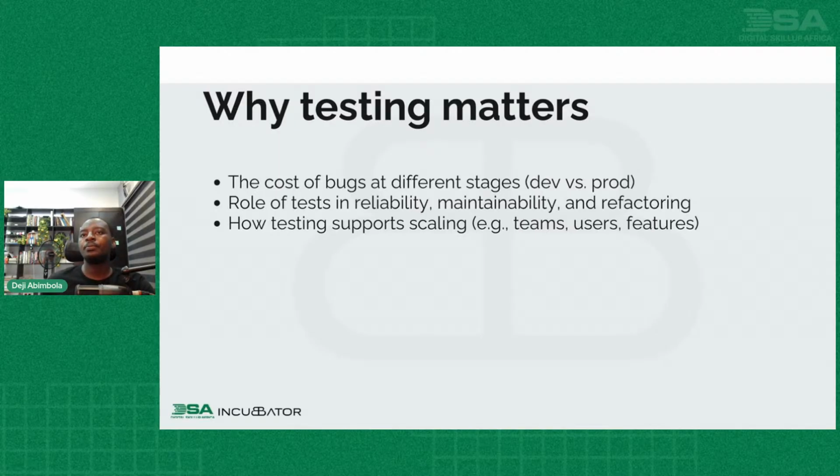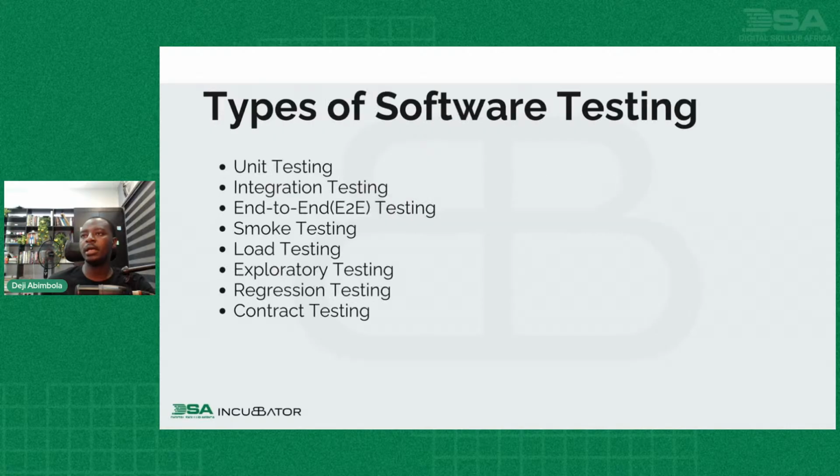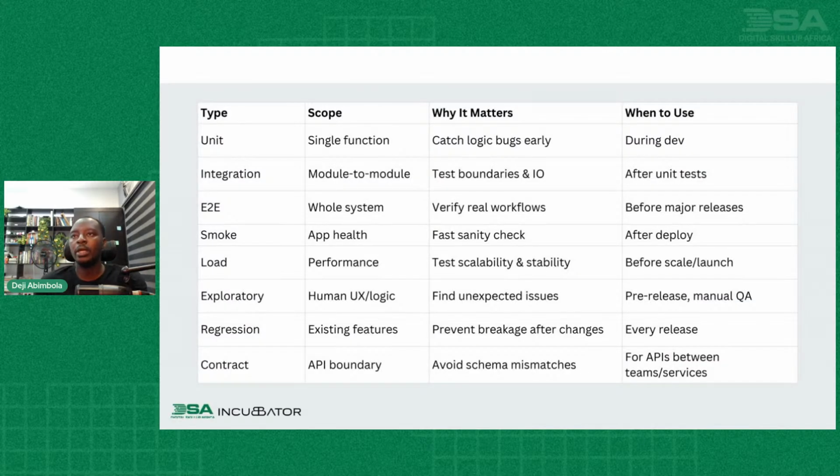All right, so having talked about the different type of software testing that we have, let's hone in a little bit on, maybe I should just show you a table that I have here, which sort of summarizes everything that I've just said. We were talking about different type of testing earlier.